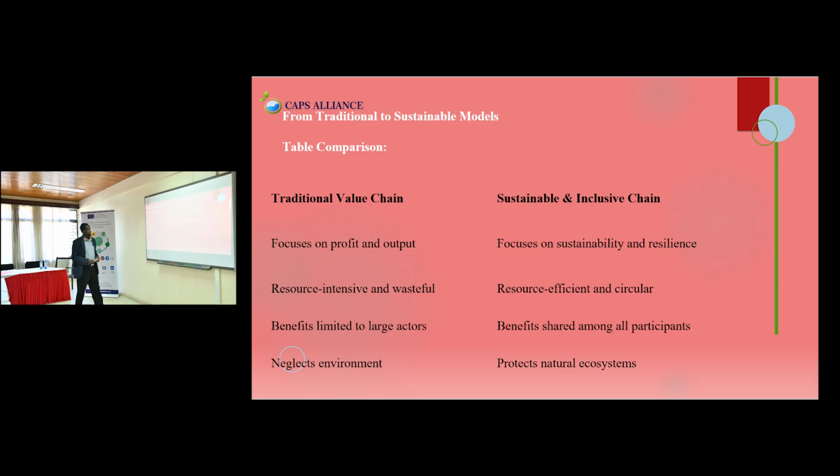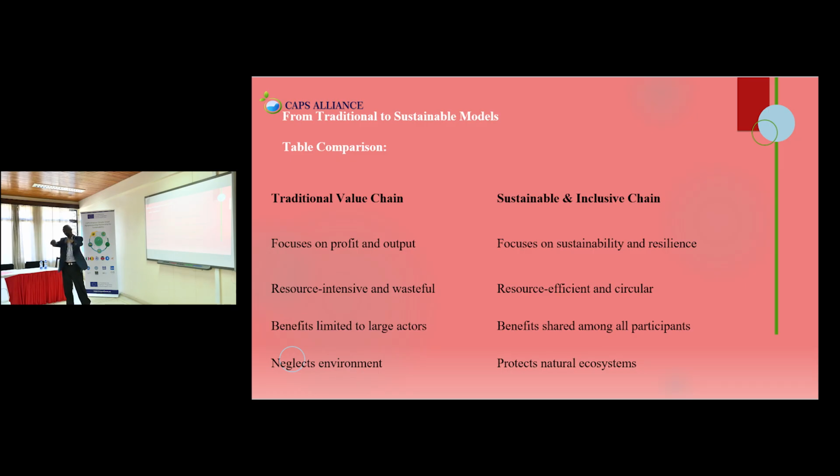Now, resource intensive. Sometimes traditional is resource intensive, but this has been improved because of AI technologies and all that. Benefits are limited to large actors, of course, whereas in the sustainable one, benefits are shared among participants. The traditional neglects the environment. When we are doing it, sometimes you don't care. You get the waste and you throw it away.